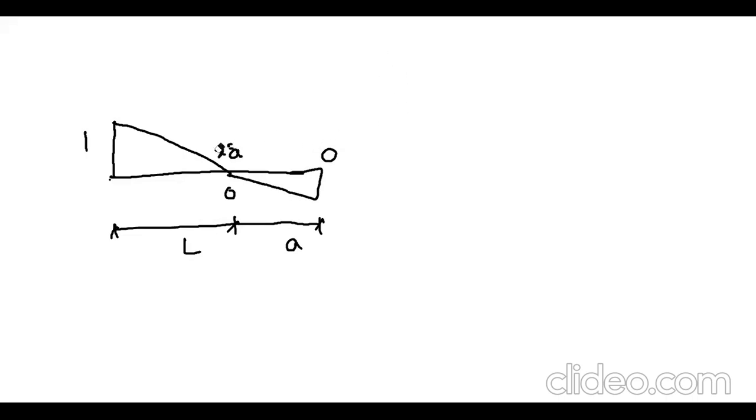Let me clear this. According to the first condition, X equals 0 here and X equals L here. And according to the third condition, that is the third figure, the value of X here is 0 and the value of X here is A. So here the value will become A by L, minus A by L, so it comes in the downward direction.